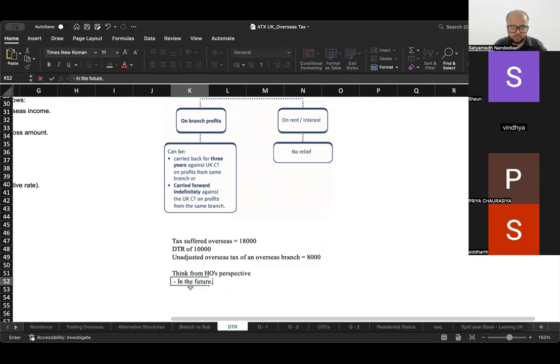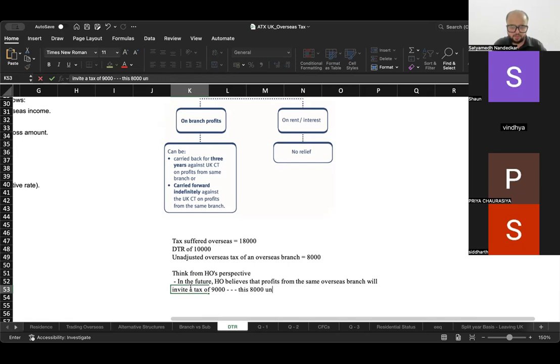In the future, HO believes that profits from the same overseas branch will invite a tax of 9,000.